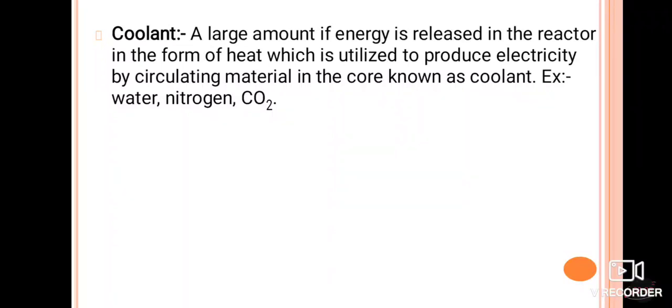The cooling system helps to remove the heat. The coolant is circulated through the core with the help of a coolant pump, as you can observe in the diagram. The coolant absorbs the heat from the core and transfers it to the water in the heat exchanger.